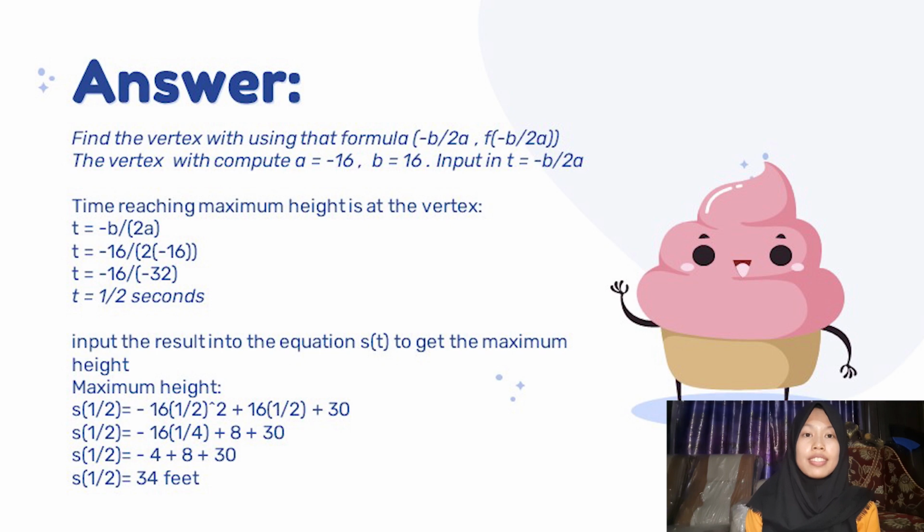Maximum height: s(1/2) is -16 times (1/2) squared plus 16 times 1/2 plus 30. s(1/2) is -16 times 1/4 plus 8 plus 30. s(1/2) is -4 plus 8 plus 30. s(1/2) is 34 feet.